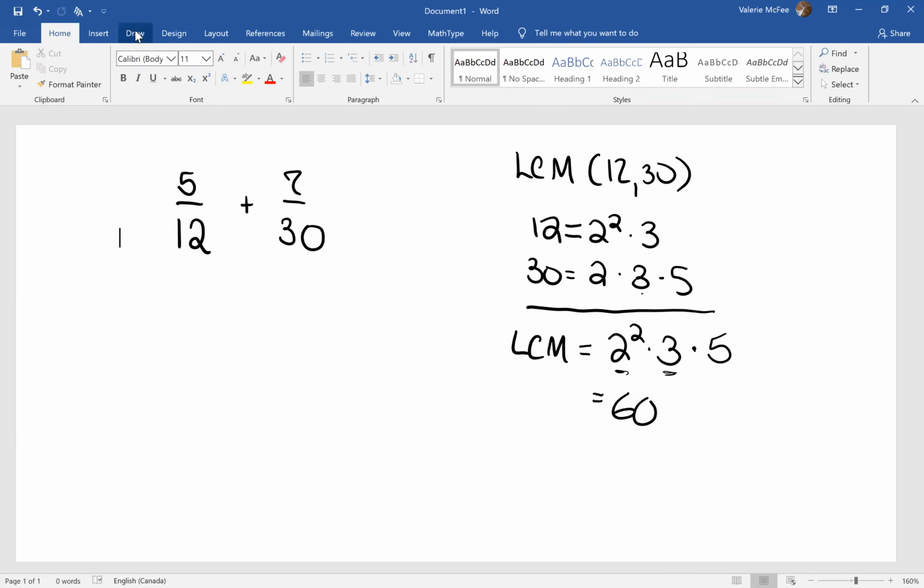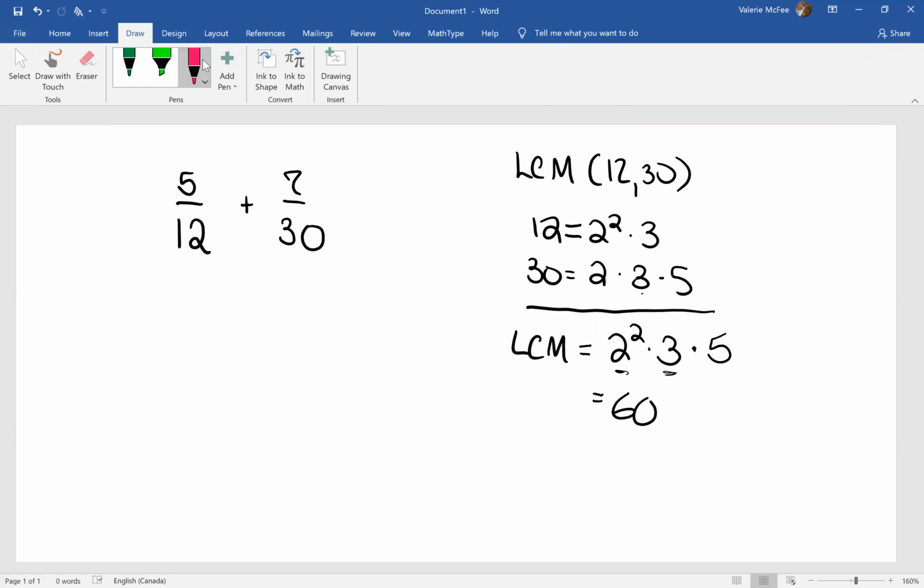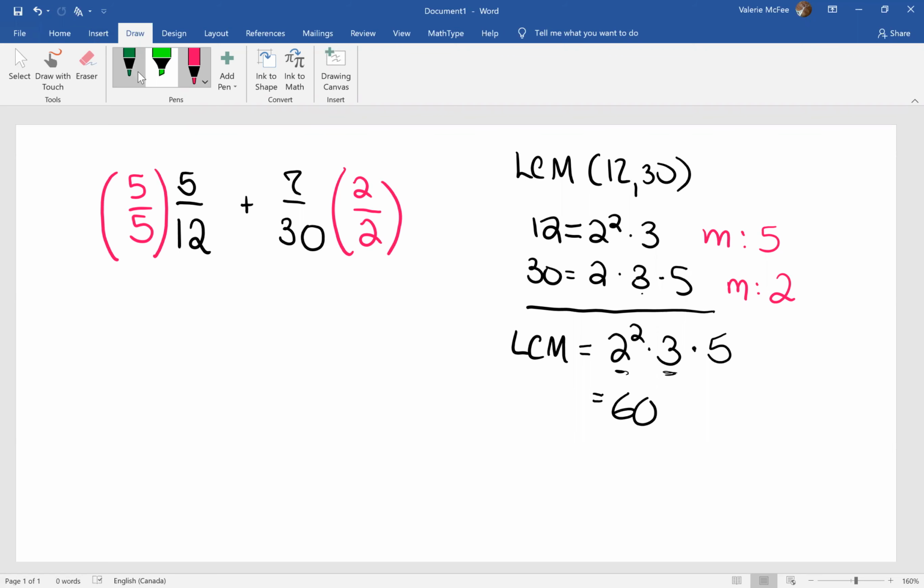We also said that you would multiply by the missing factors. Here I see that 12 is missing a factor of 5, 30 is missing a factor of 2. So when we were adding and subtracting with fractions, we multiplied by the missing factor here, the numerator and the denominator. We multiplied by the missing factor here, the numerator and the denominator.